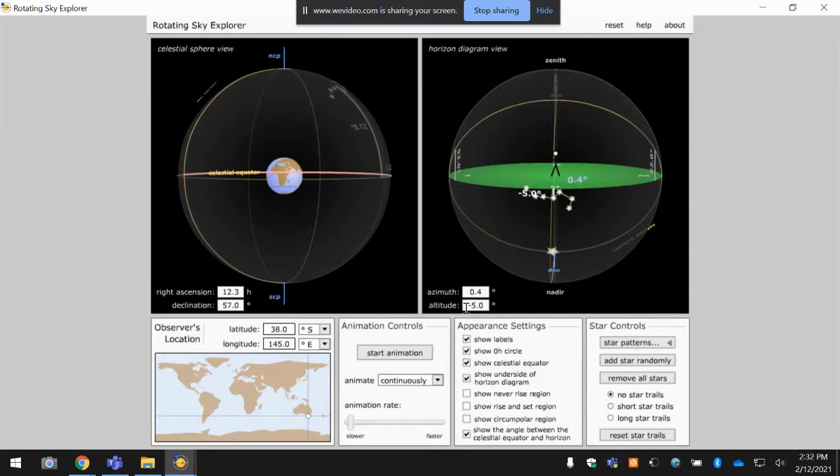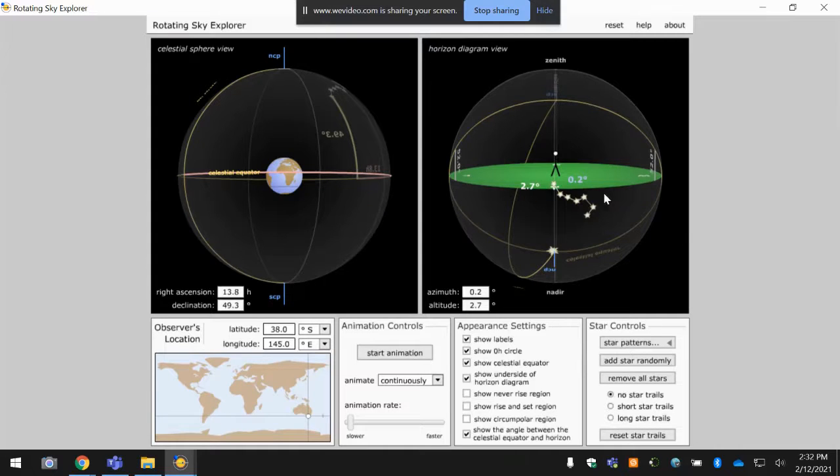Altitude of the next star, minus 5. Altitude of the next star, minus 4. Altitude of the next star, minus 2.9. And altitude of the last star of the Big Dipper on the meridian in Melbourne, Australia, is actually 2.7. It is above the horizon.